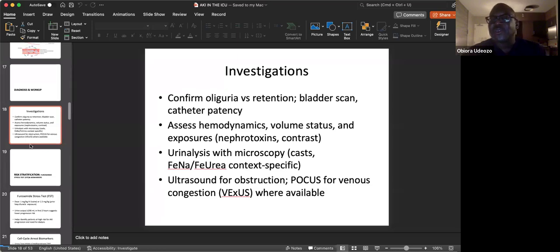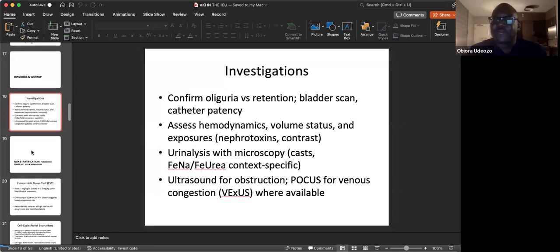You can also see other casts, like white cell casts that might be suggestive of AIN, red blood cell casts also. And if you see dysmorphic red blood cells, the red blood cells like they have rabbit ears, that clues you in the patient might have a glomerulonephritis. So urinalysis is very, very important.